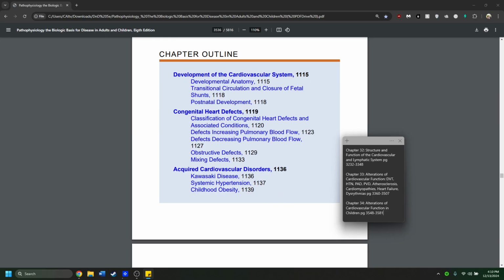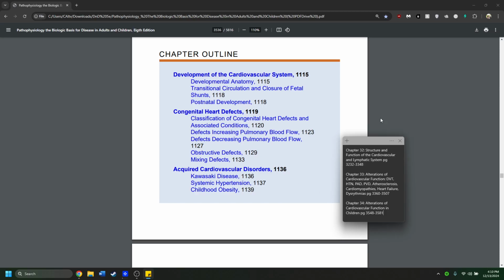I may jump into these last 3 pages here as well regarding the acquired cardiovascular disorders, your Kawasaki disease, systemic hypertension in childhood, obesity. I will be jumping over the cardiovascular system though, the developmental anatomy, transitional circulation, and closure of fetal shunts, as well as the postnatal development.